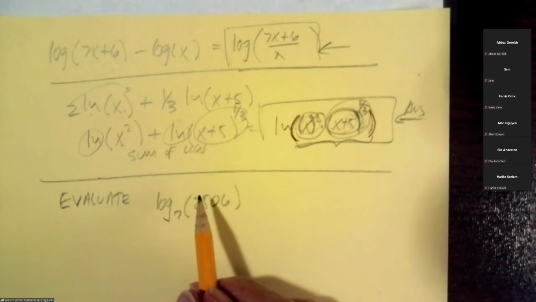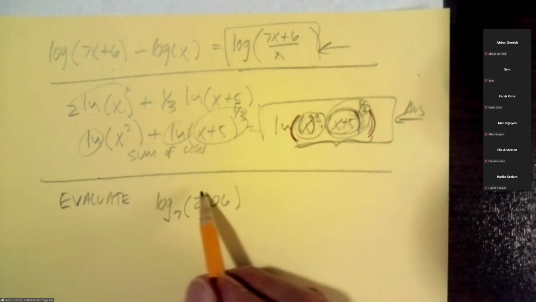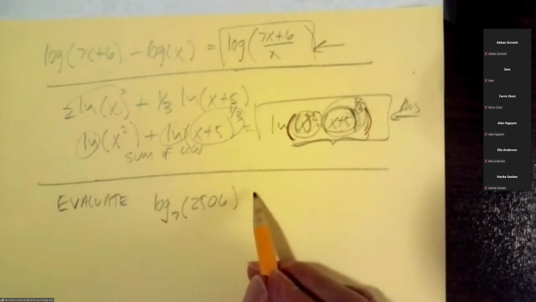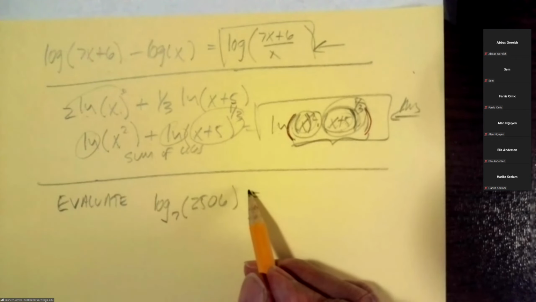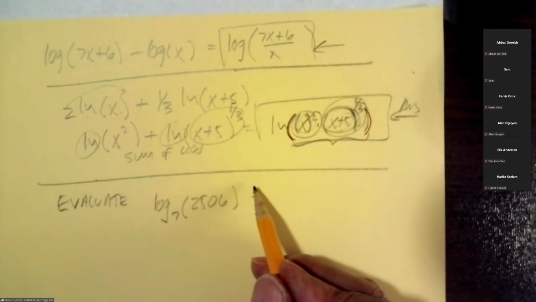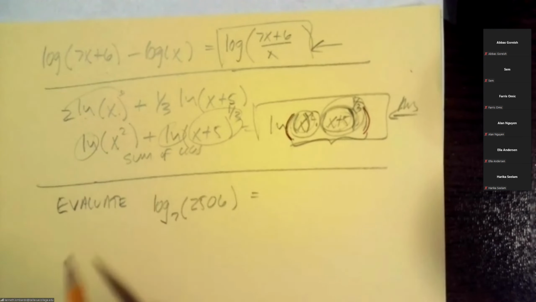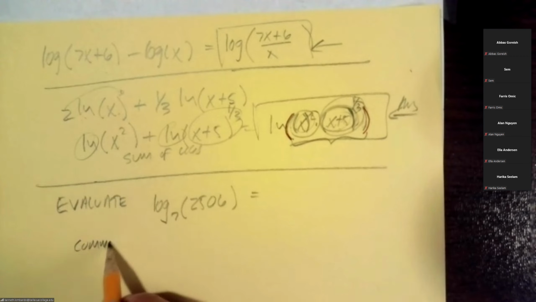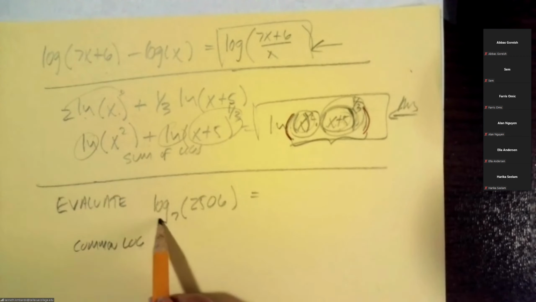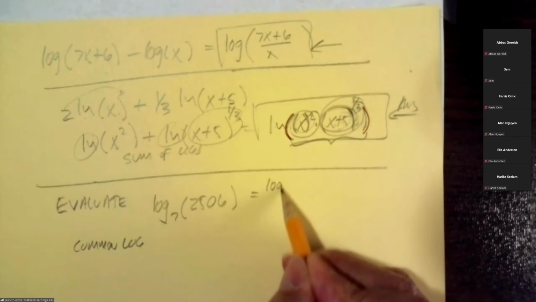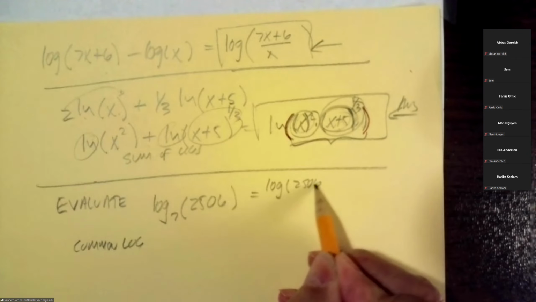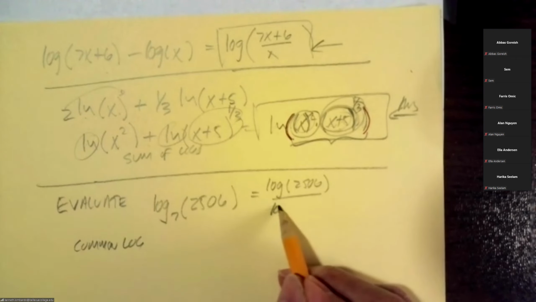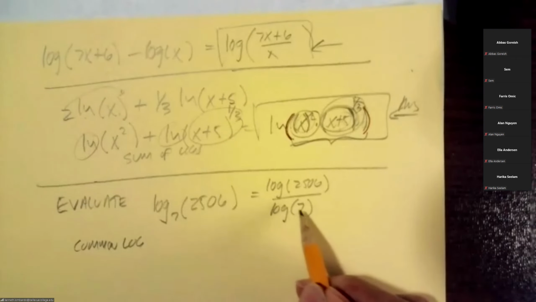I can do that, if I want to use common logs, by doing the change of base property, which says that looks like the log of 2506 divided by the log of 7.